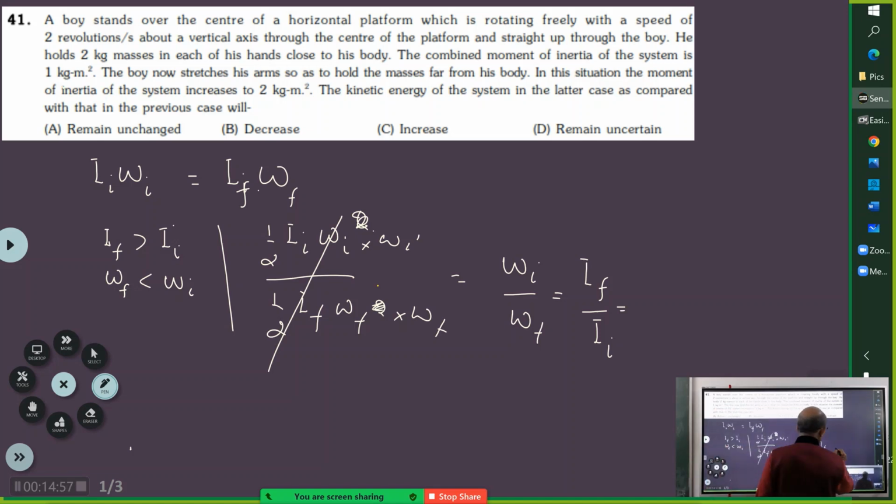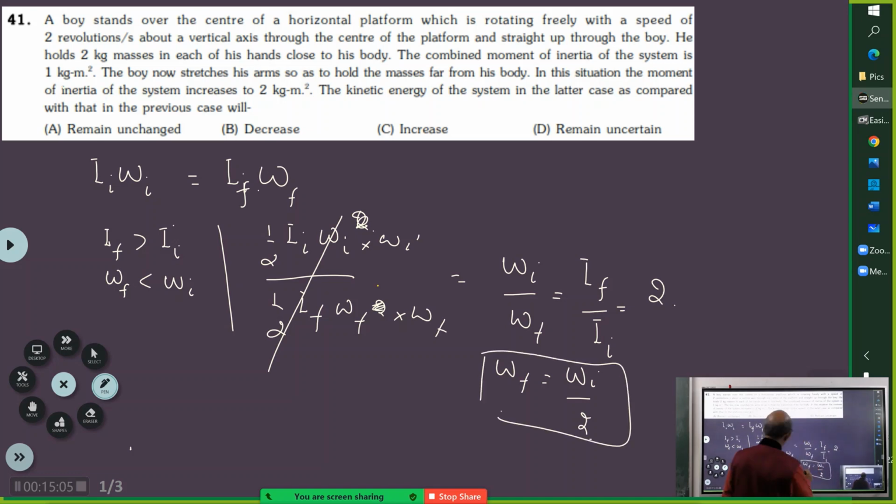So this will be equal to 2. The ratio will be 2, so omega_f will be omega_i by 2. Therefore it will decrease, the kinetic energy will decrease. So your guess was correct, there is no doubt about it, but numerically I worked it out and got the answer. So this is the answer. Okay, fine.